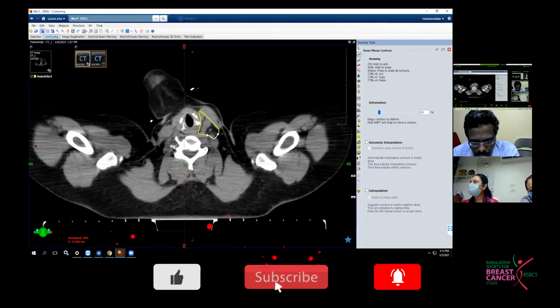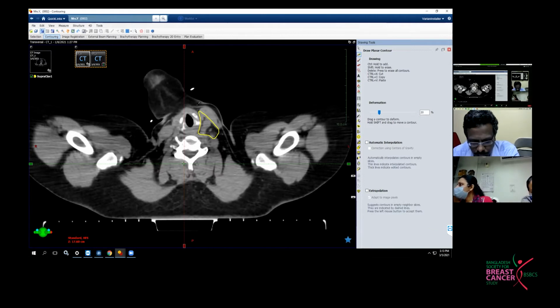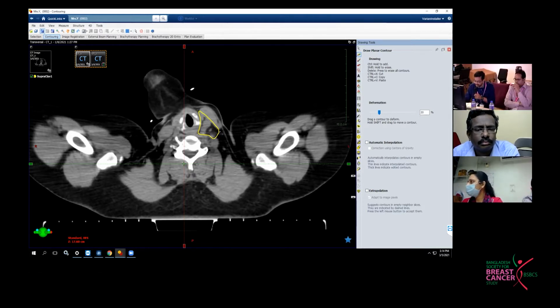So the anterior border is the most anterior portion of the sternocleidomastoid muscle. And the posterior border is at the anterior border of the scalenus muscle, and laterally it is the sternocleidomastoid muscle, and medially it covers the internal carotid artery.